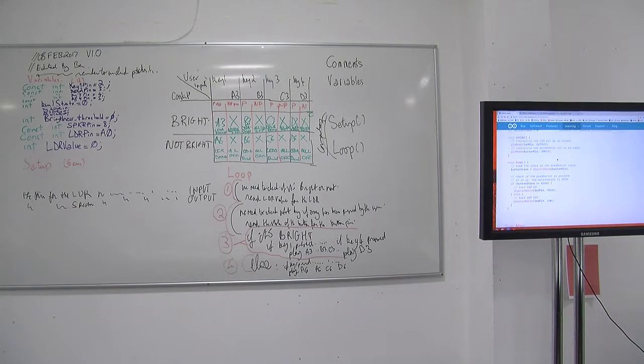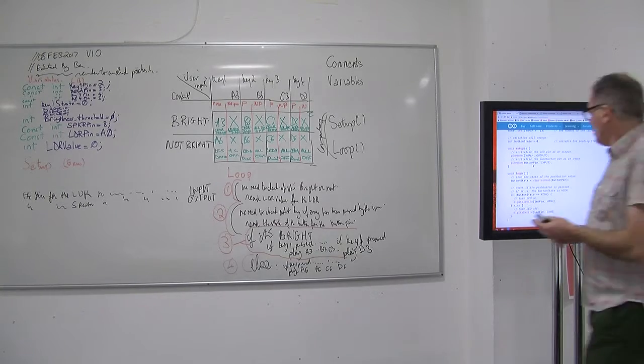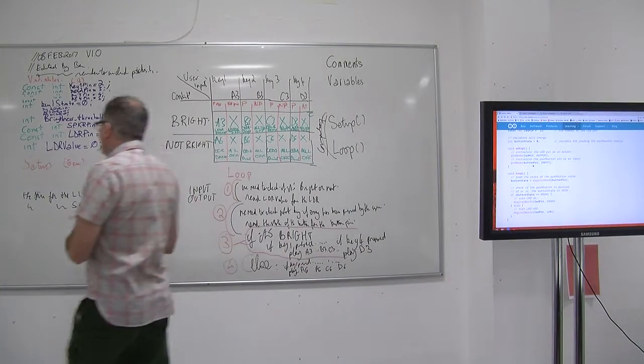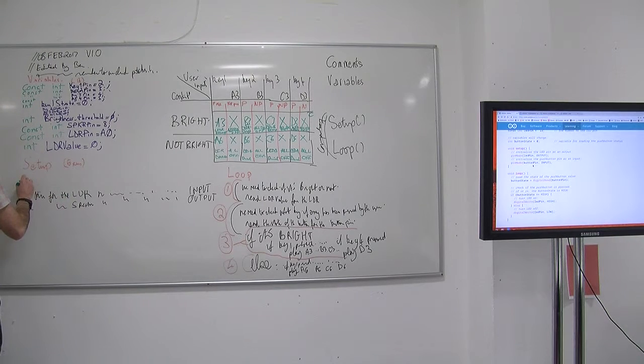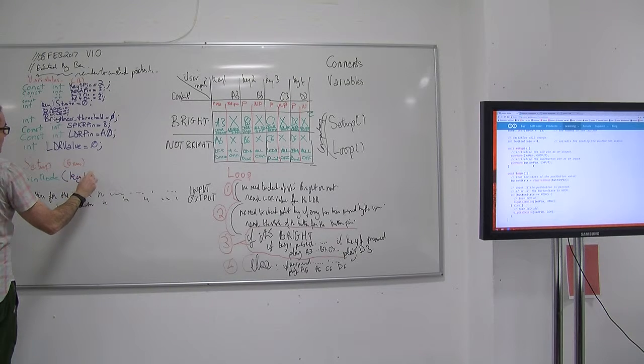So, it's done here. It's by saying pin mode, and then this. So it's pin mode, and then we have key 1 pin, and then that's made into what? Input or output?